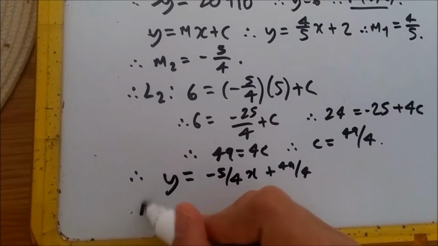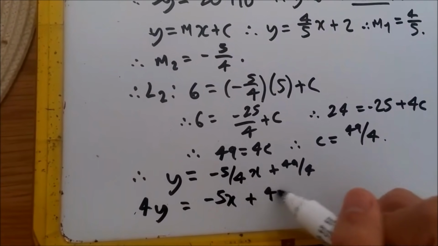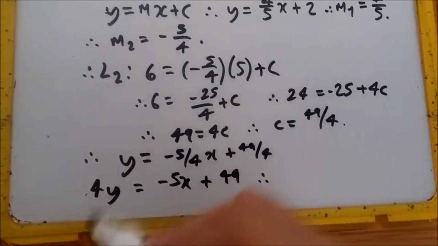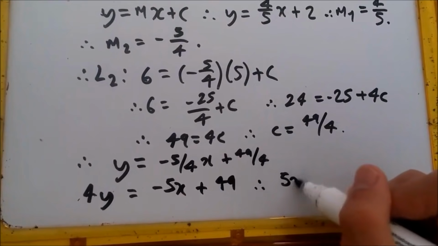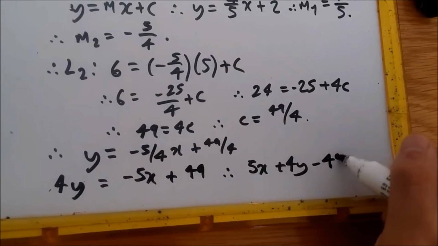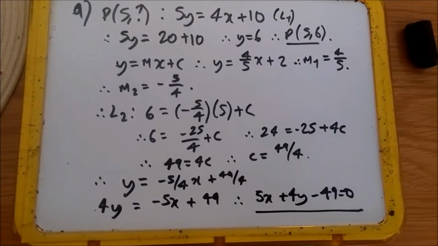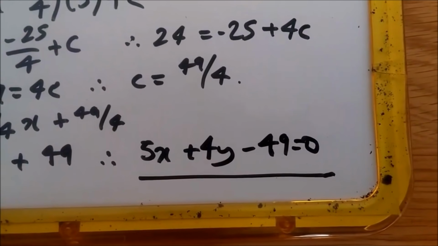So we have 4y equals minus 5x plus 49, and then putting everything on the left-hand side, you get 5x plus 4y minus 49. And voila guys, here is your equation of L2.